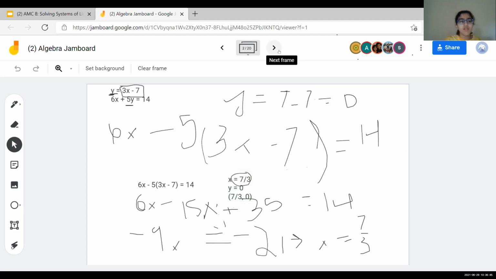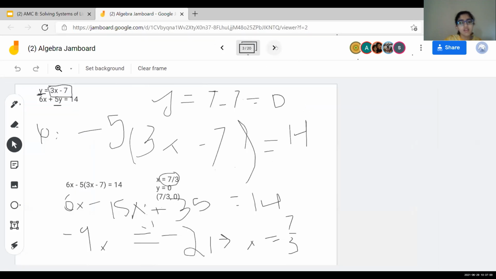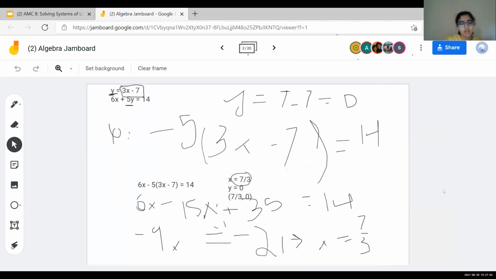Because that would be our coordinate, we want to check it to make sure that it is actually correct. Let me erase what I have written so I have more space to check.